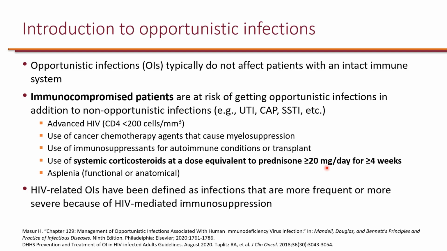One thing to keep in mind is that HIV-related opportunistic infections do not behave clinically exactly like opportunistic infections seen in other immunosuppressed populations. For example, toxoplasmosis in HIV manifests mainly as encephalitis, whereas in patients with cancer or organ transplant, it's more likely to be visceral or disseminated disease.